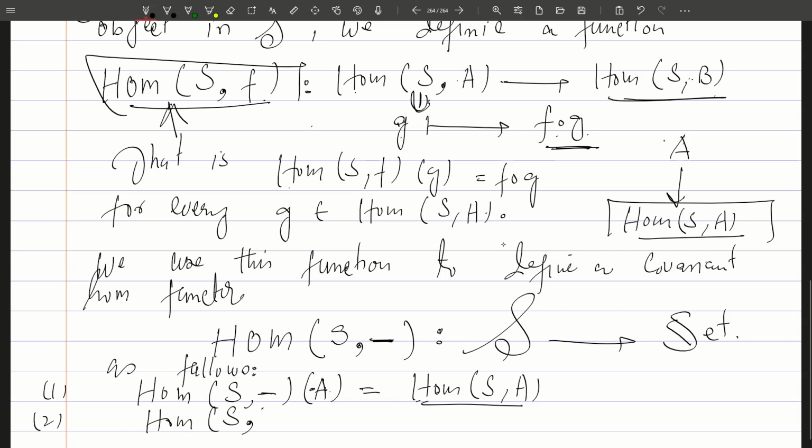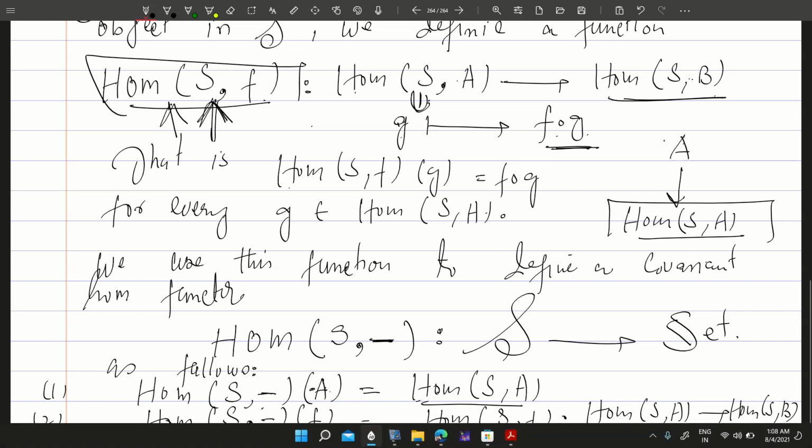This functor takes a morphism, say F, to Hom(S, F), and Hom(S, F) is a morphism from Hom(S, A) to Hom(S, B), where F is a morphism from A to B. We haven't proved that this is a functor, but we are going to prove it.